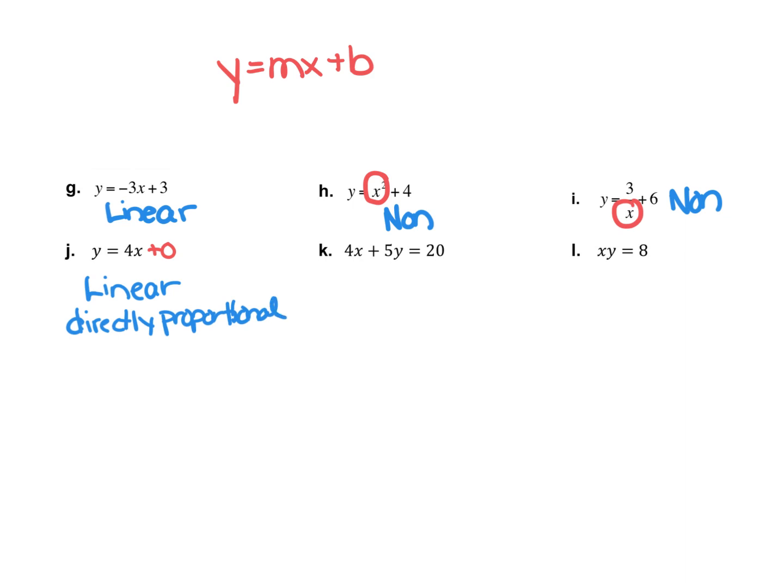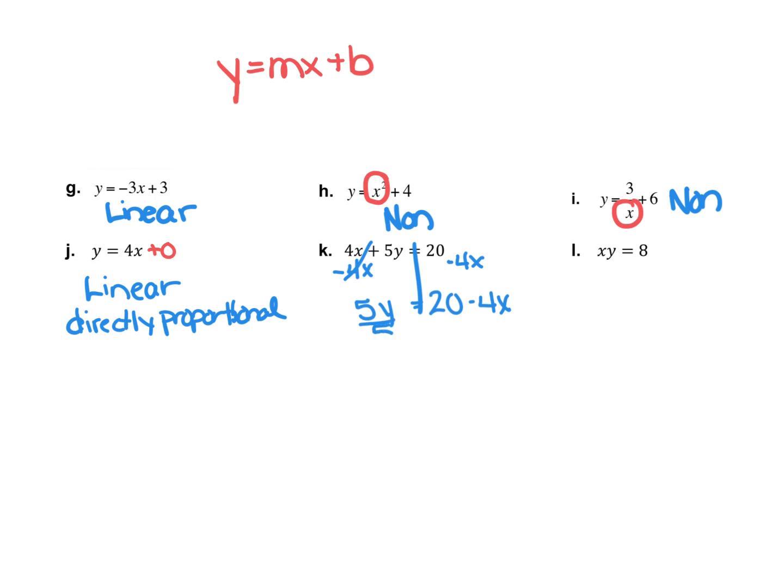All right, for letter K, we have 4x plus 5y is equal to 20. Now, let's go ahead and get our y all by itself so that we can determine if it can be put into the slope-intercept form. So I'm going to solve for y by subtracting my 4x on both sides, and I'll have 5y is equal to 20 minus 4x.